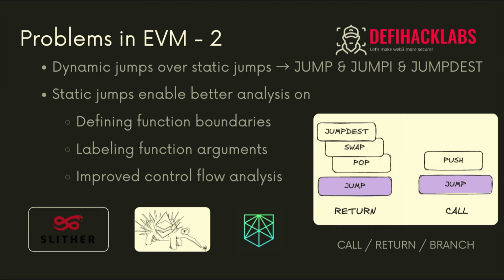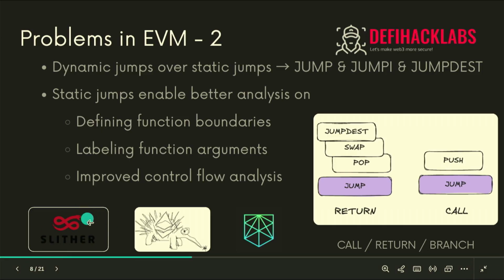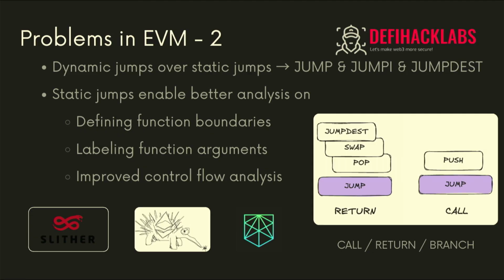Static jumps would enable us to do better function boundary definition and label function arguments more clearly, and also improve the control flow analysis, for example, reconstructing the control flow graph. And tools like static analyzers, fuzzing tools, or formal verification tools would benefit from this static jumps feature.